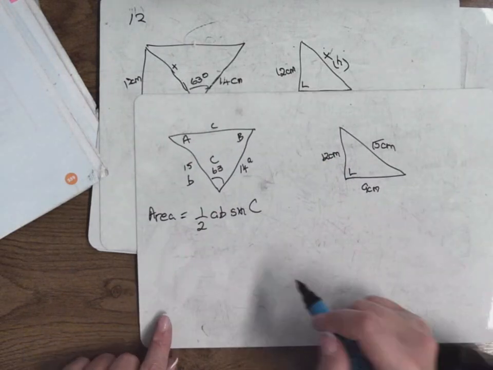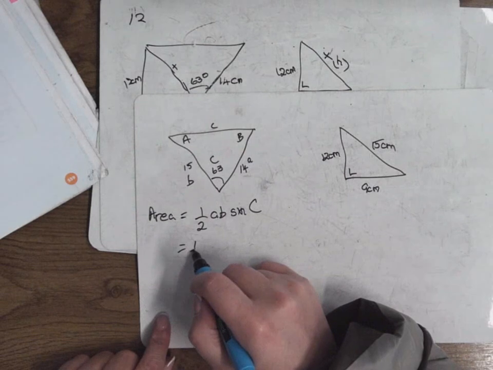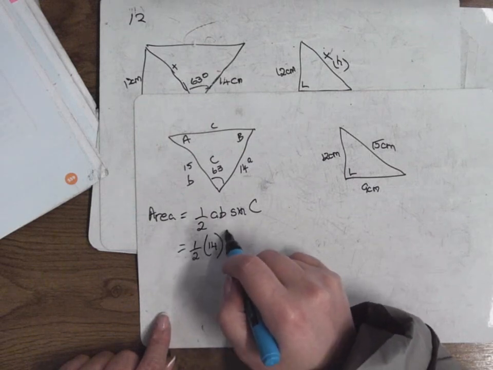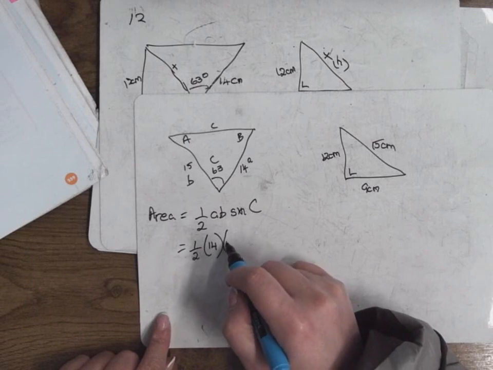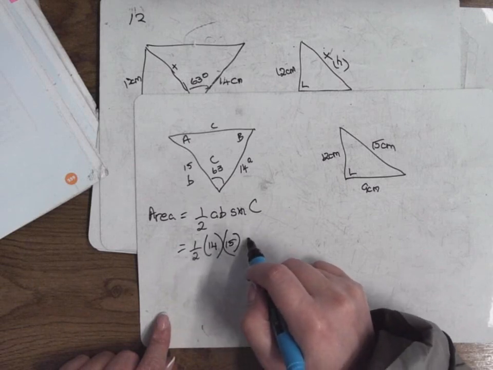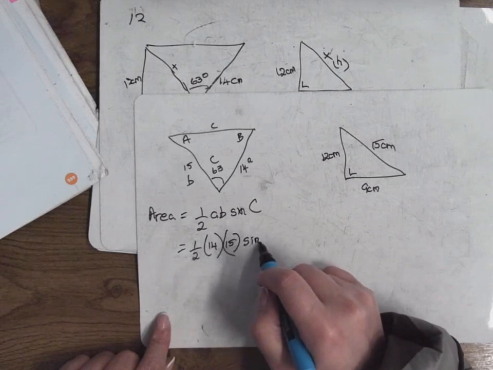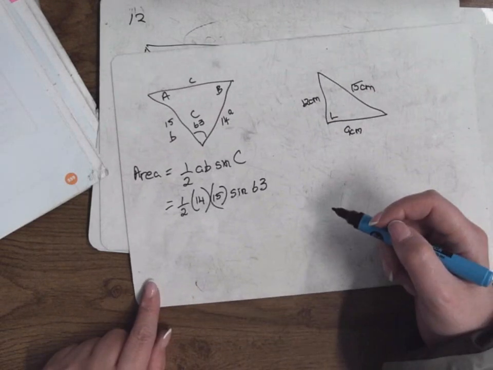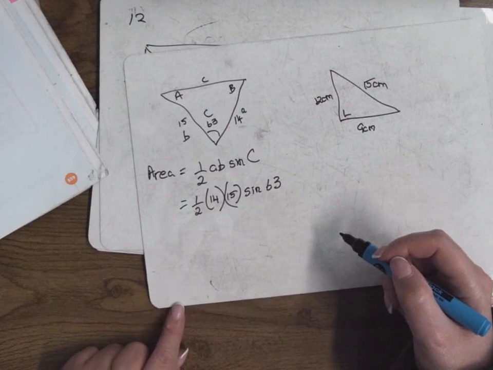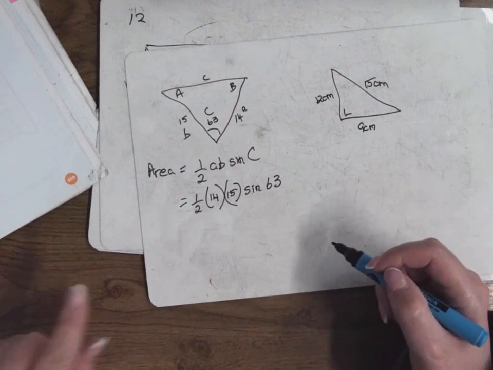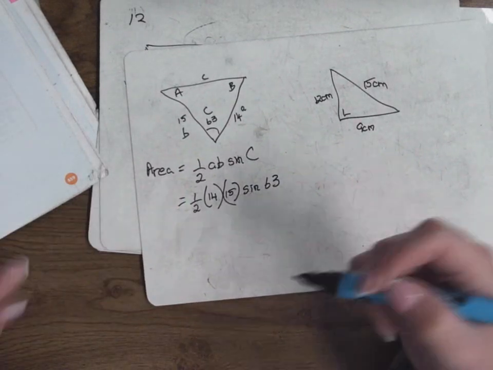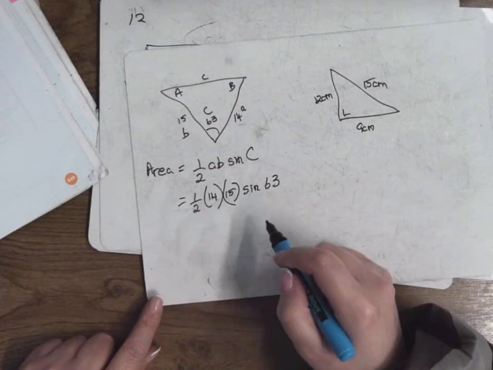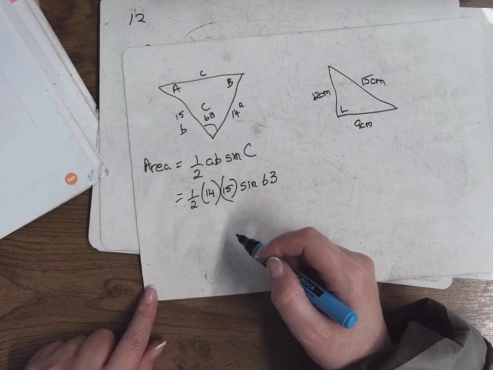So it's a half multiplied by small a, which is 14, multiplied by small b, which is 15, multiplied by sine of angle C, which is sine of 63. Into the calculator with that and press equals. So if you're in the trig question and you're asked for area, girls, this is the only area formula we have. Will someone give me an answer for that?